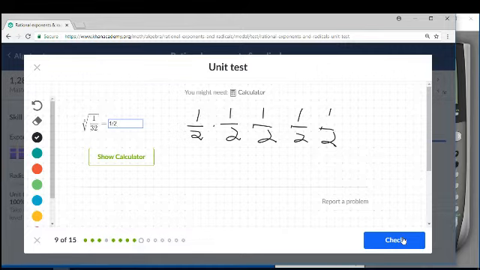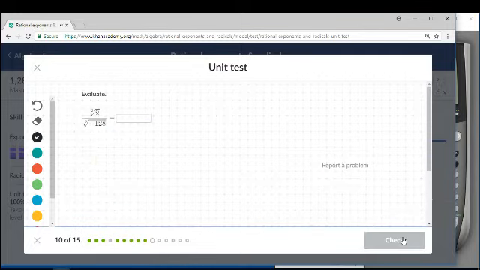Because what multiplied 5 times? That. All right, 6 times 6 is 36. All right.